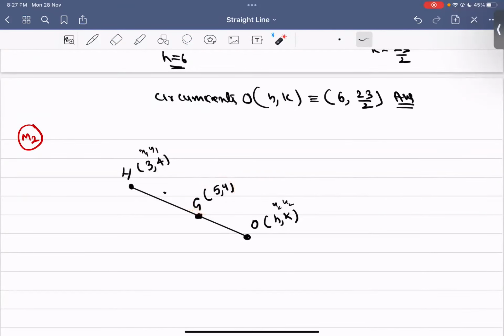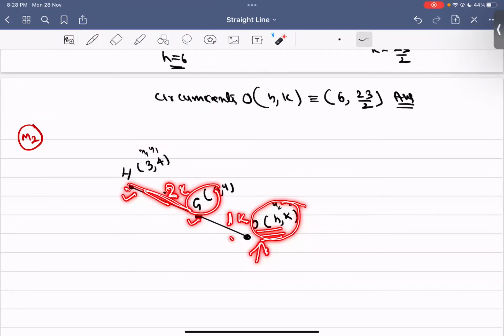Now, with respect to O, what can we say? O divides H and G externally in the ratio, tell me? 3:1. If this distance is 2k, this distance is 1k. That's why G divides H and O in the ratio 2:1 internally.